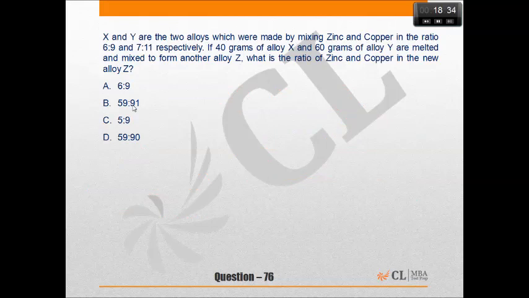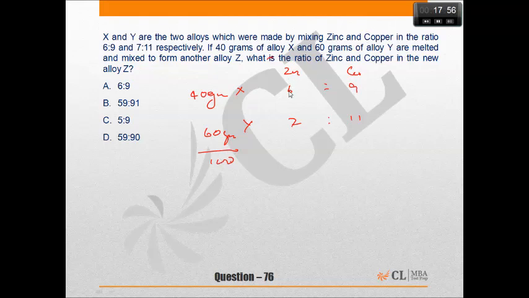X and Y are two alloys made by mixing zinc and copper in the ratios of 6:9 and 7:11. 40 grams of alloy X and 60 grams of alloy Y were melted to form alloy Z. So alloy X has zinc and copper in the ratio 6:9, and alloy Y is 7:11. 40 grams of this and 60 grams of this are melted together to form a new alloy.